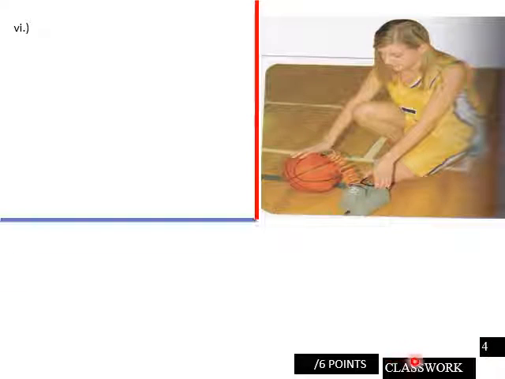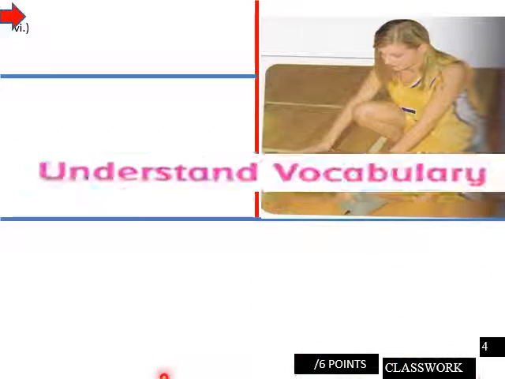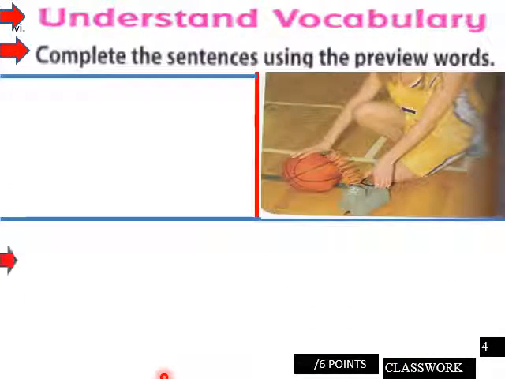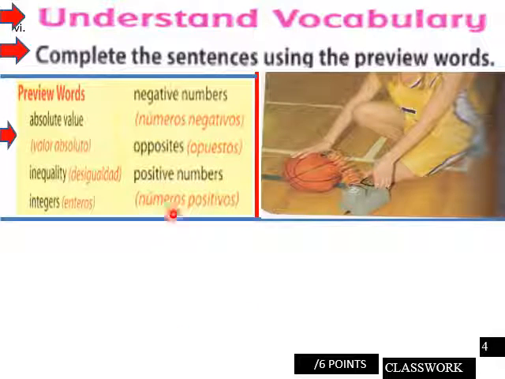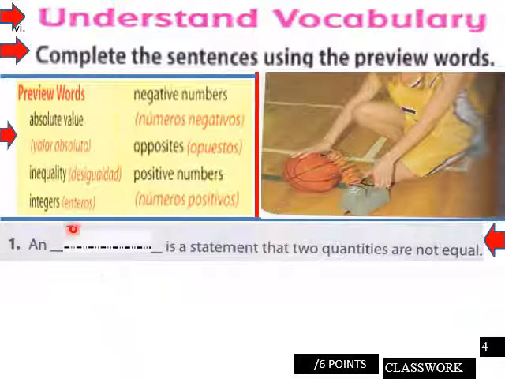Page 4 of the classwork. Understanding vocabulary. Complete the sentences using the preview words. Here's our preview words. So it's going to be fill in the blank here. A blank is a statement that 2 quantities are not equal. So what would that be from these words up here?